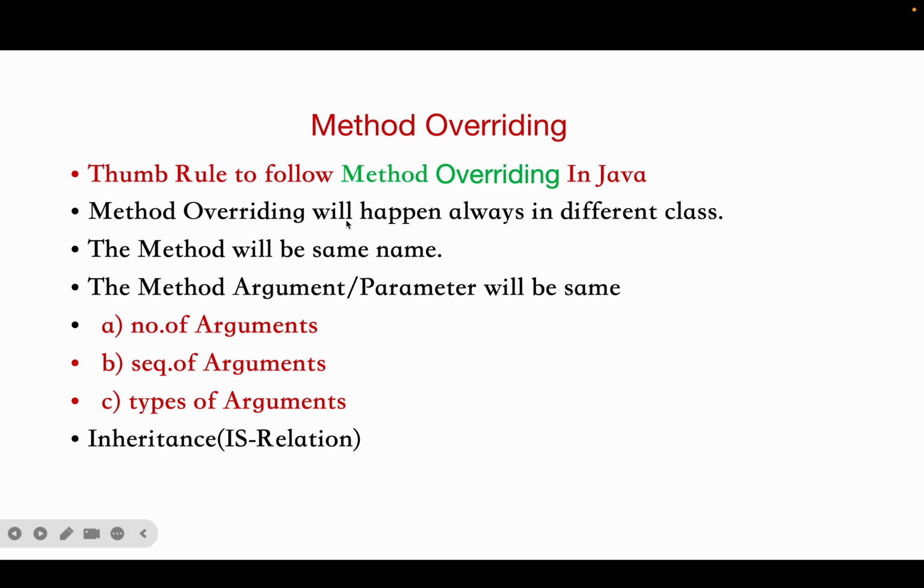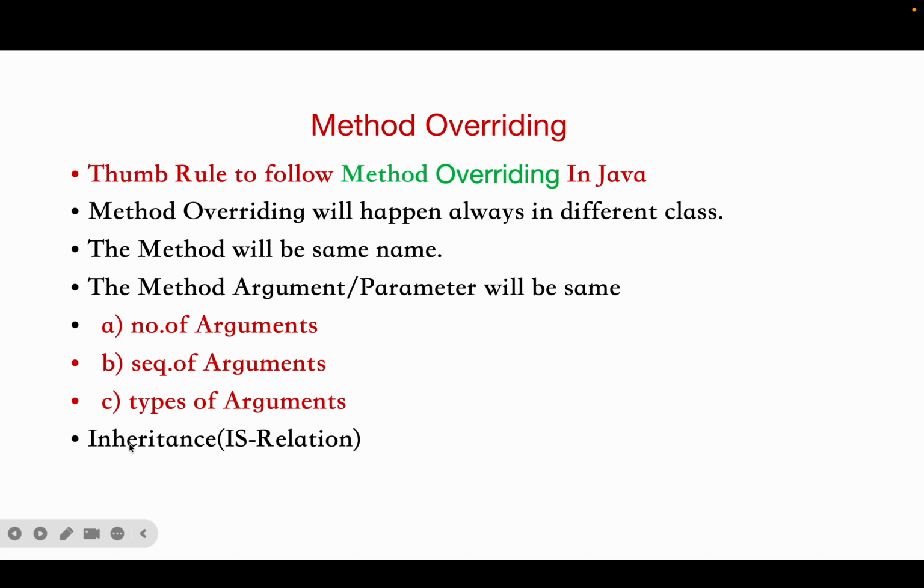Once again, I will explain. First, method overriding is performed in two different classes, not in a single class. You can perform method overloading in a single class, but method overriding you have to perform in different classes. The method name should be the same, and you need to pass the argument or parameter inside the method in terms of three ways: number of arguments, sequence of arguments, and types of arguments.